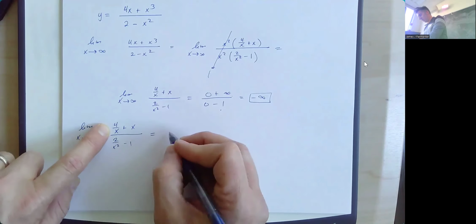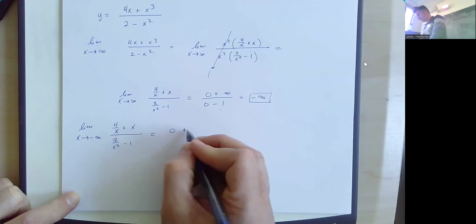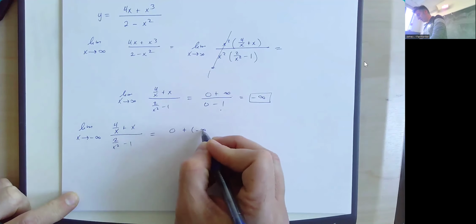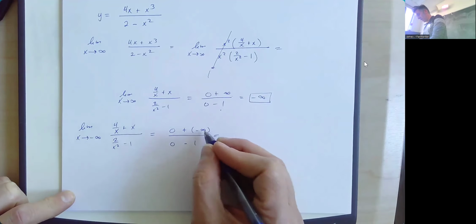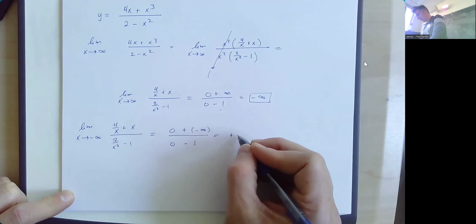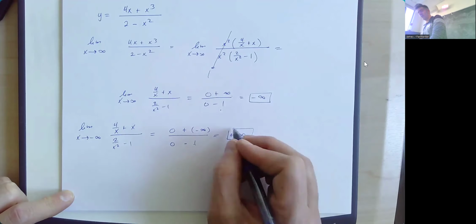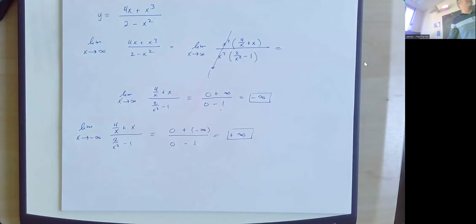I'm still going to get a 0 plus, but now it's going to be plus a negative infinity over still a 0 minus 1. And that's a negative over a negative, so that's going to end up being positive infinity. So to the right, this graph gets really, really negative. To the left, this graph gets really, really positive.